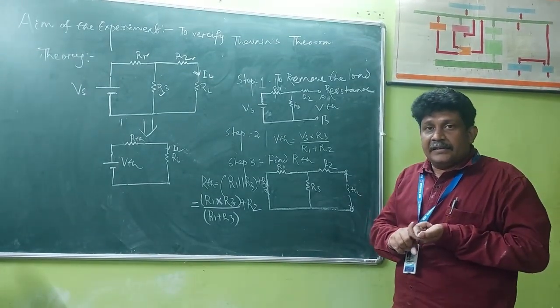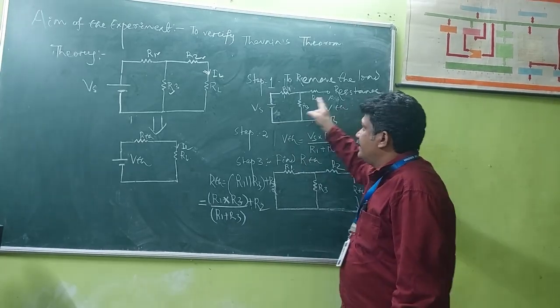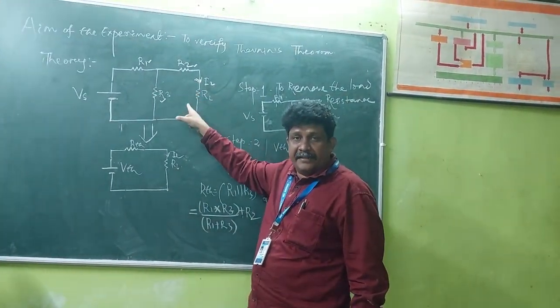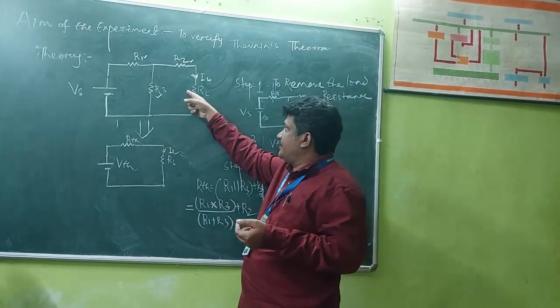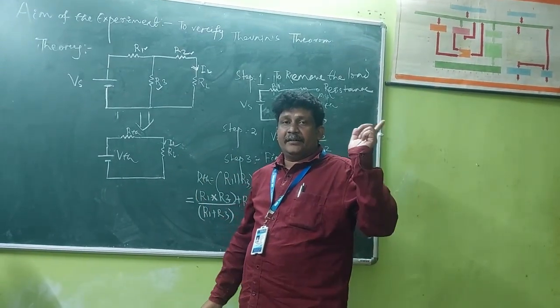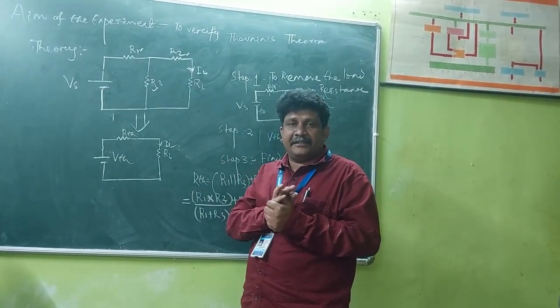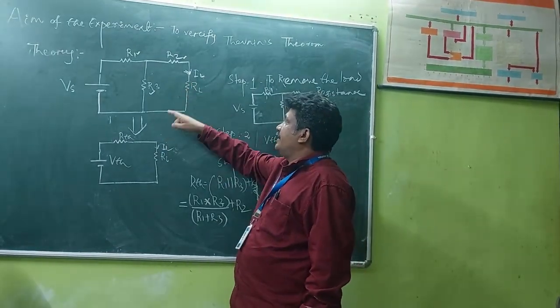Before removing the load resistance, we have already measured the value of IL in the initial circuit. For that we use the advanced network theorem trainer, a multimeter and some patching cords. By using these equipments we can do it.